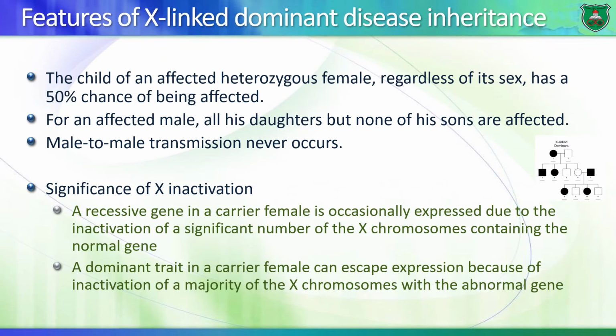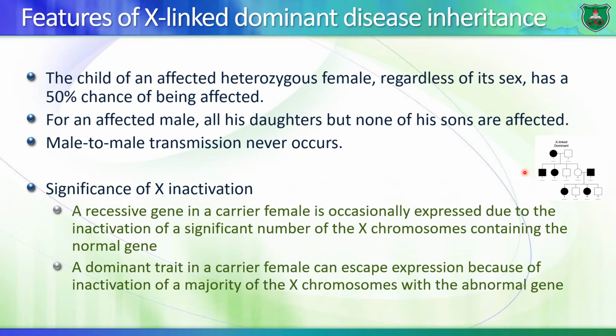Now, what are the features of an X-linked dominant disease inheritance? The child of an affected heterozygous female, regardless of its sex, would have a 50% chance of being affected. Okay, so you can see this pedigree right here. This is an affected female, so there's a 50% chance that her offspring, sons and daughters, would be affected.